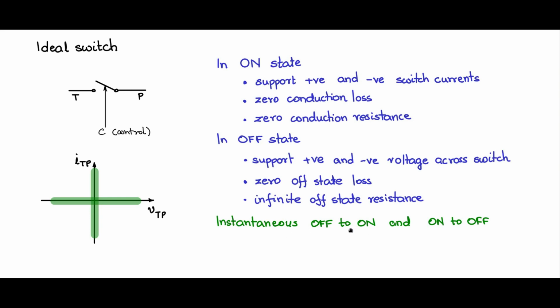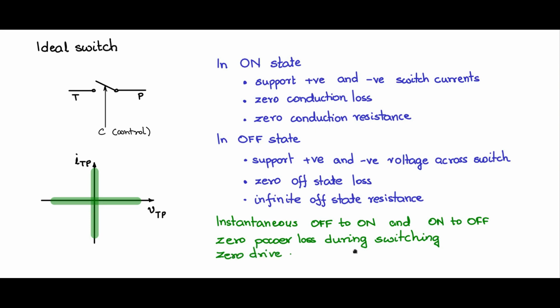This also implies that if this switching on and switching off happens in zero time, it also means that there is no power loss during switching. So zero power loss during switching. So switching transitions happen in a lossless manner. So therefore switching losses are zero.